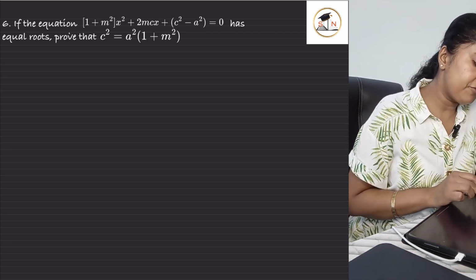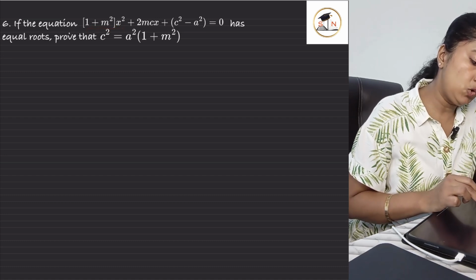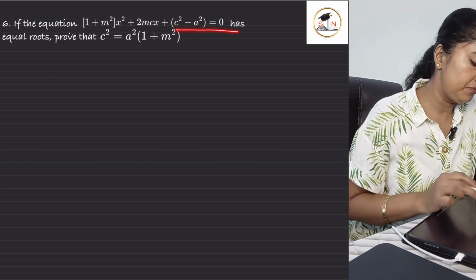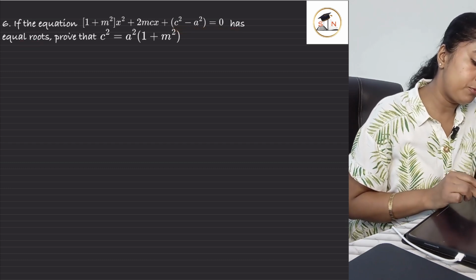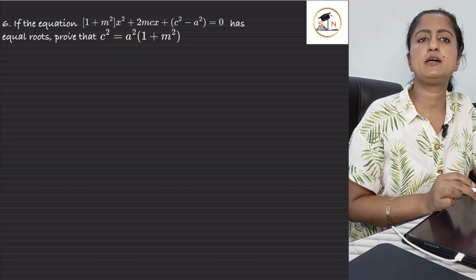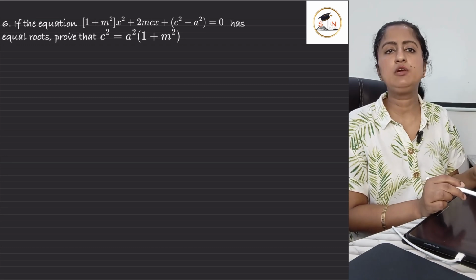6.1. If the equation 1 plus m square x square plus 2mcx plus c square minus a square equals 0 has equal roots, then prove that c square equals a square times 1 plus m square, right? Now, again, we have equal roots.